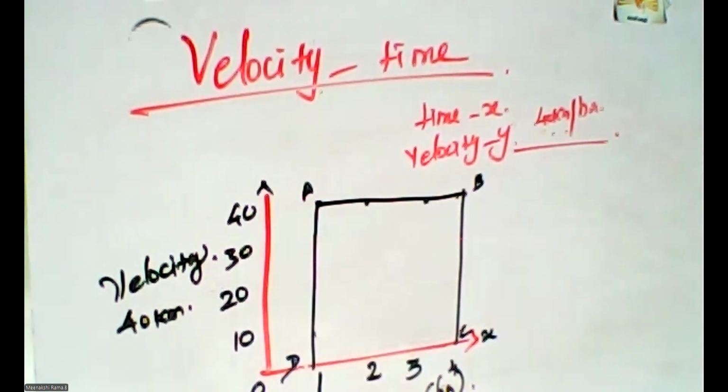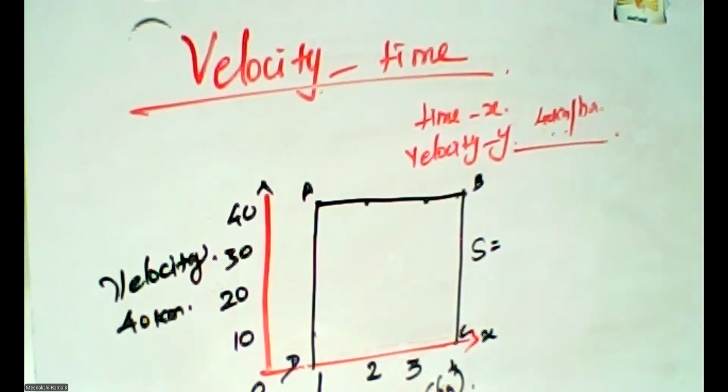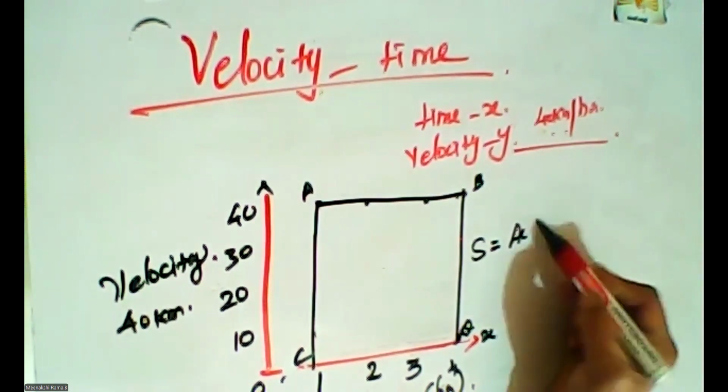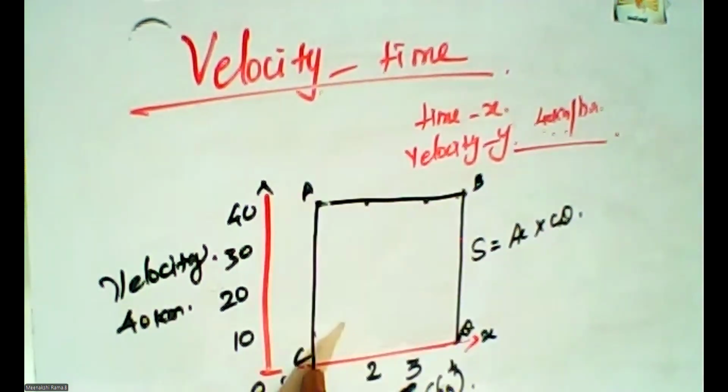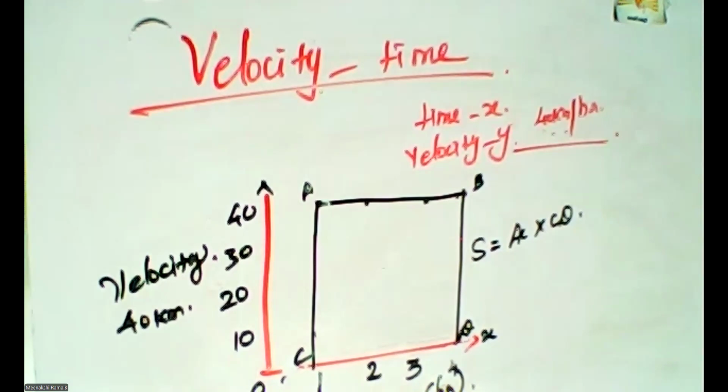So how can we calculate it? These are all the points. Sorry, this is C and this is D. So AC multiplied by CD. To calculate it, we multiply the AC value by the CD value.